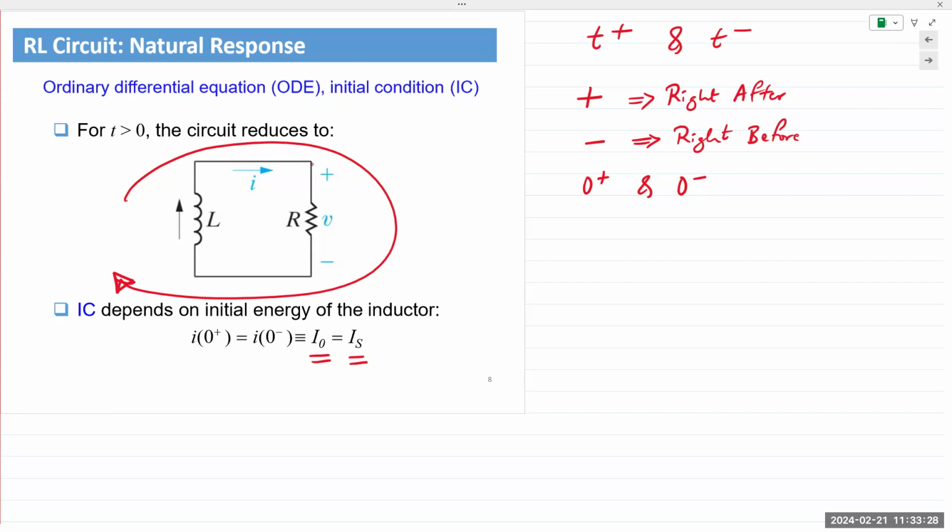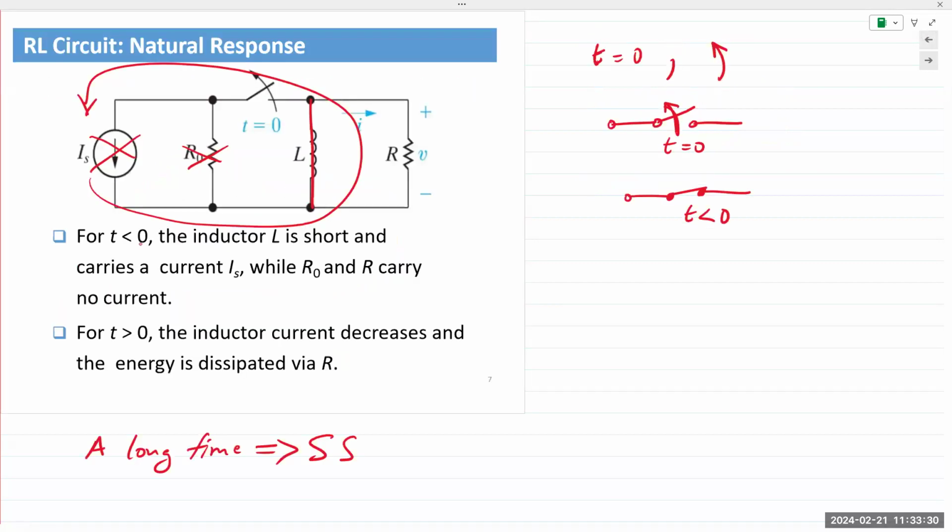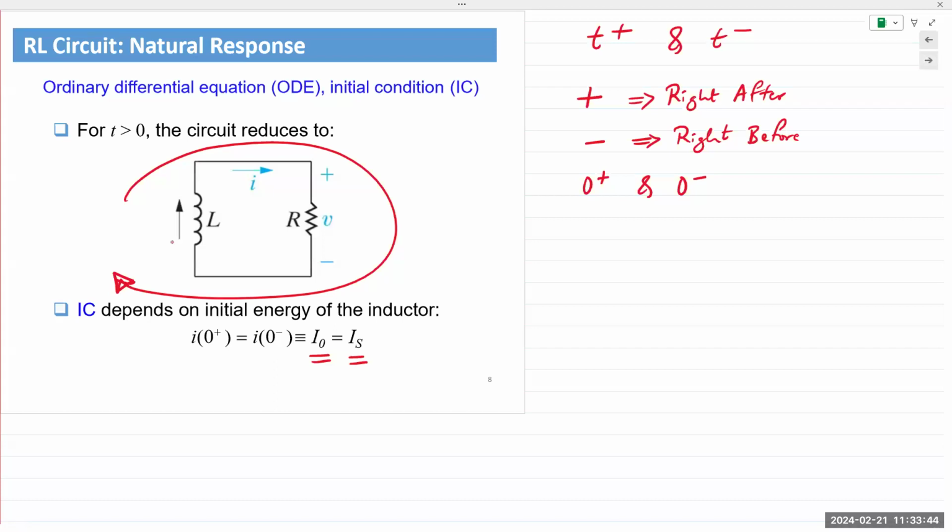So that's why the source is actually going down. Again, for explanation purposes, but that's why the source is shown going IS this way. And so the inductor would charge up the other way. And then when it discharges, it also goes in that same direction, plus to minus.